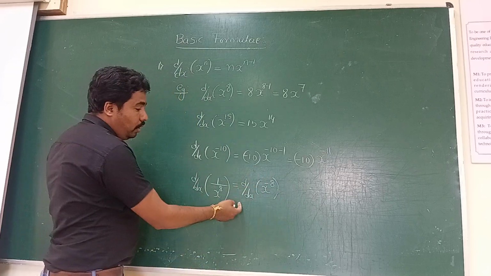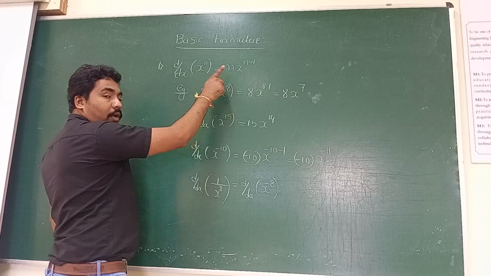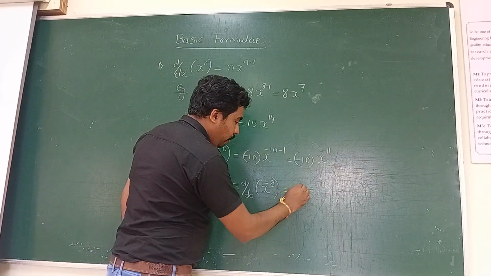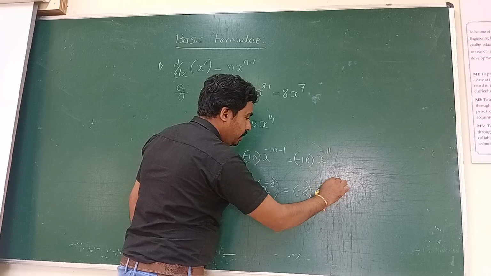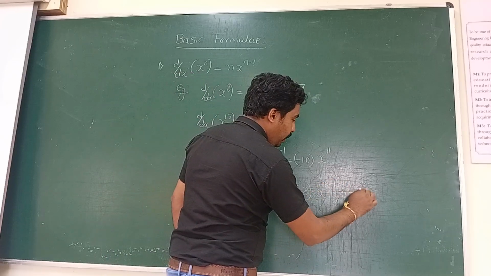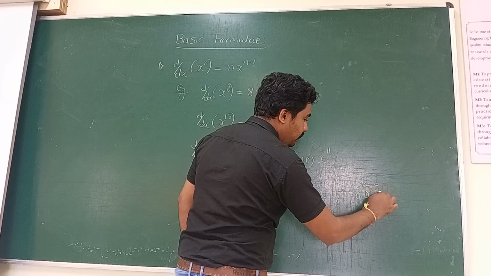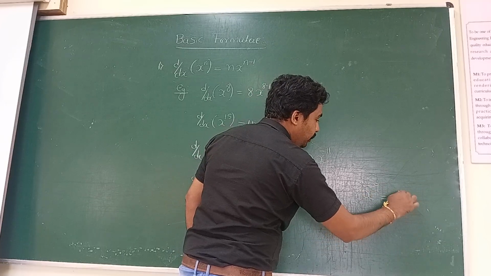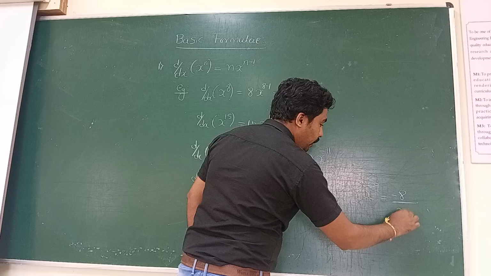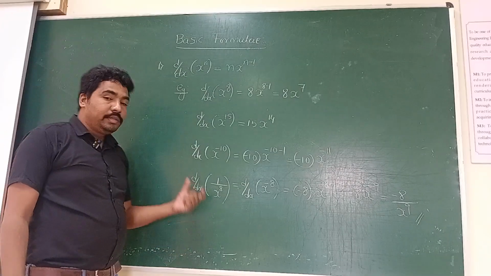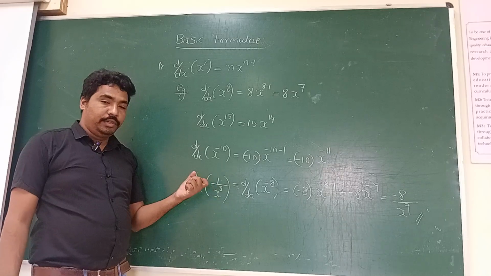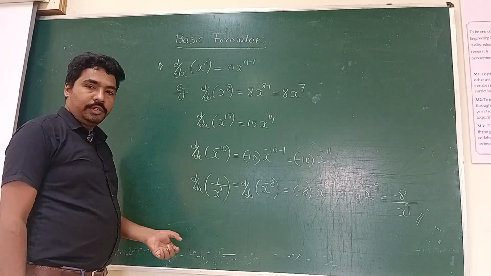Once it is converted into x power minus 8, we have the formula. We operate this formula: minus 8 into x power minus 8 minus 1. So it is minus 8 into x power minus 9, or if we write it the other way, it becomes minus 8 by x power 9. So this is the basic formula in differentiation, that is polynomial differentiation.